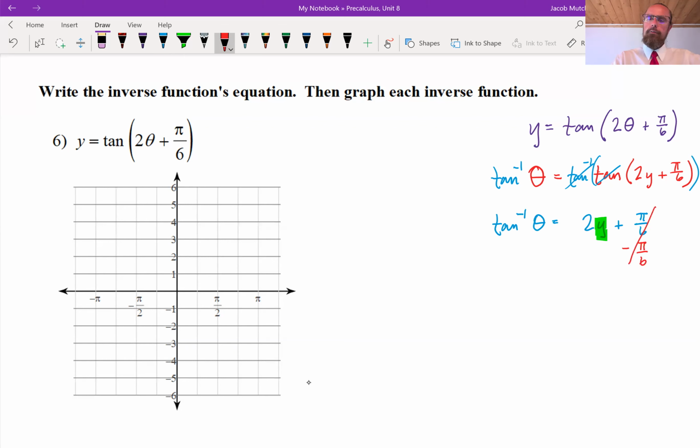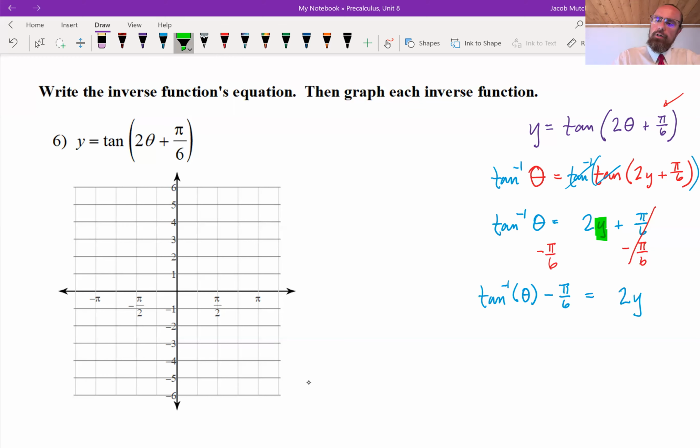Now I've got to be careful. That pi over 6 was on the inside of the angle in the original function, but now it's not. It's in a way a vertical translation. So my next step, I've got to note that it's inverse tangent of theta. And I'll just put parentheses to say that is my angle. Minus pi over 6 is on the outside of the angle. And on the right side now, all we've got is 2y.